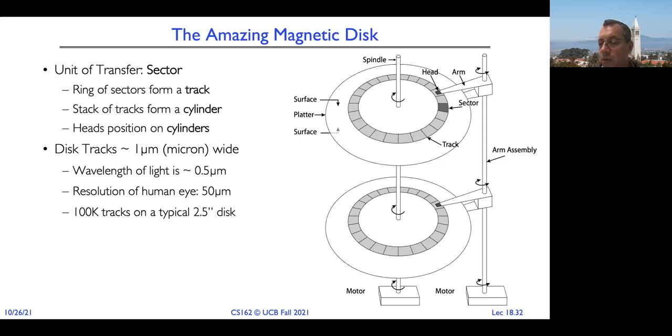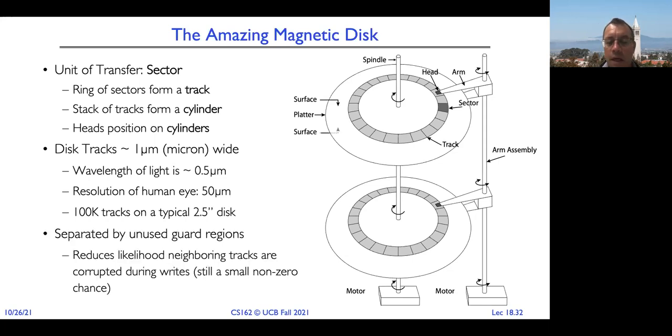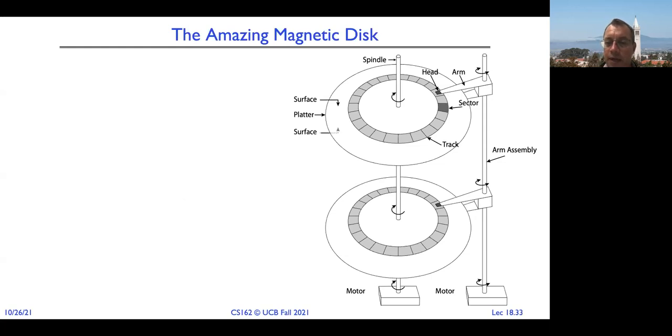You typically have 100,000 tracks on a 2.5-inch disk. And these tracks are in general separated by guard regions, because you don't want writing on one track to influence the bits on the others and corrupt the bits on nearby tracks.